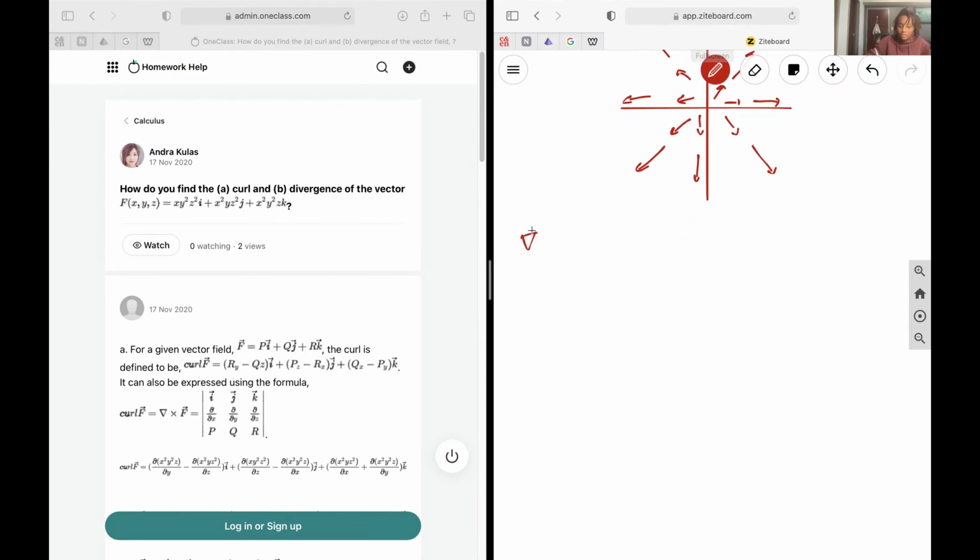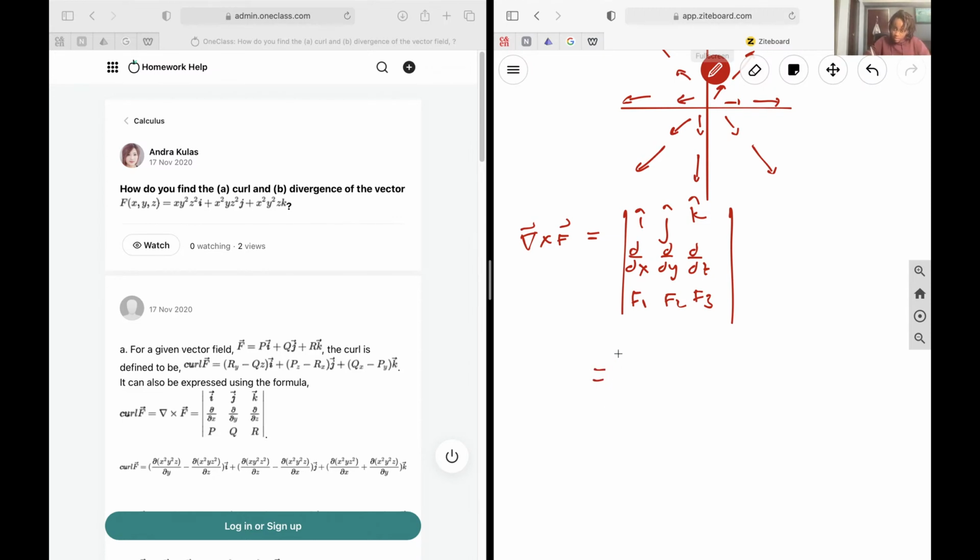So you have two options with the curl. You can write out the i j k and then find the cross product, or you can just write down the formula, which would be easier if you're trying to do it quickly. Because if you do this, then you're prone to making mistakes, especially if you're in a hurry.